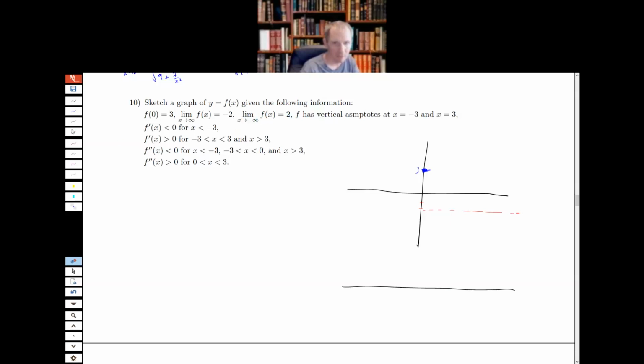As x goes to negative infinity, I approach positive 2. And then at x equals 3, and at x equals negative 3, we have vertical asymptotes.